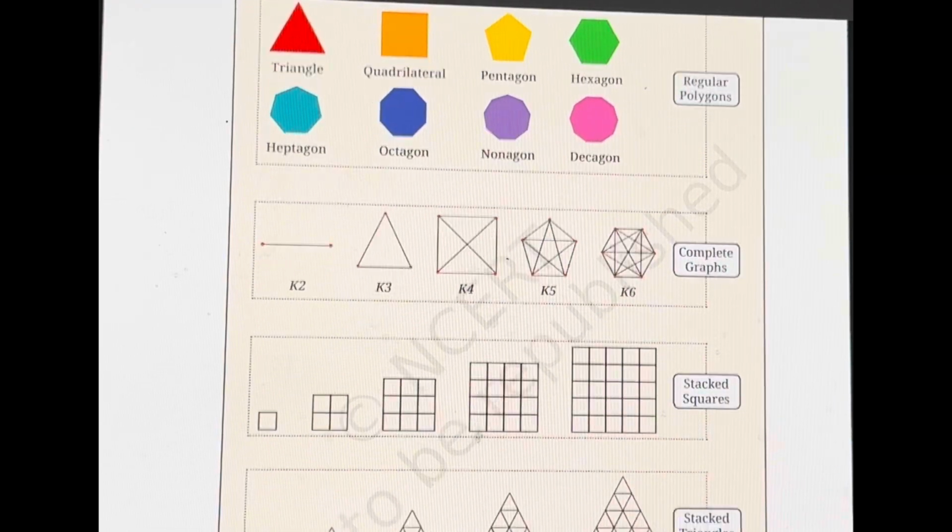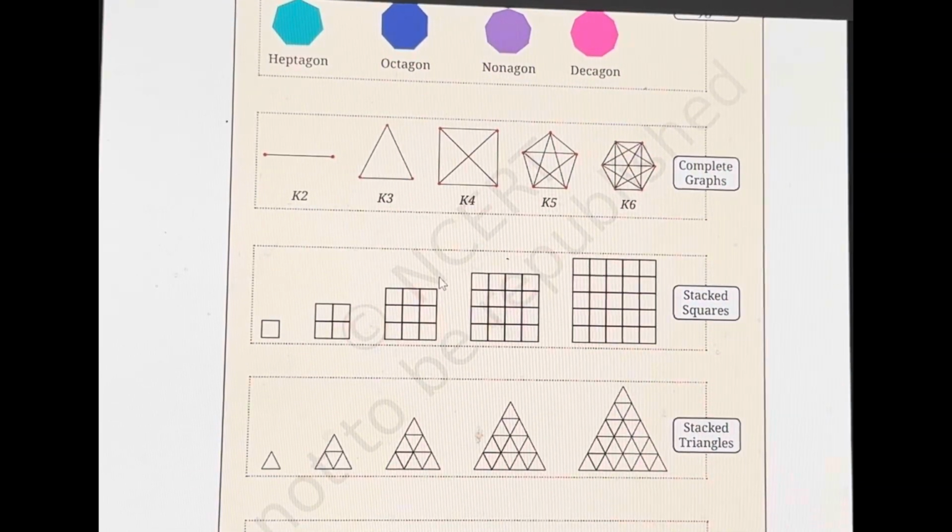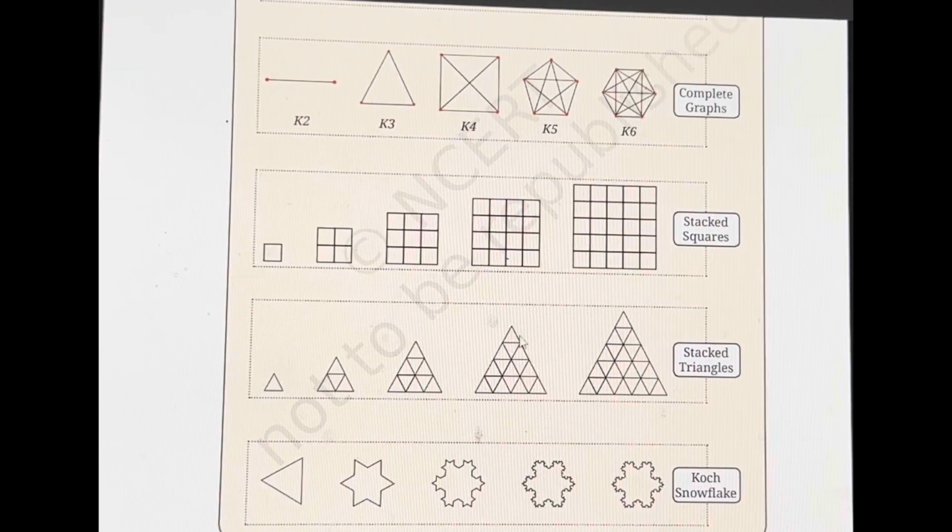Now the third one you will observe is of stacked squares. So this is 1 square, these are 4 squares, like that 9 squares, 16 squares. So the squares are stacked above one another. Okay. Then next is stacked triangles. So 1, then here there are 4 triangles. We are talking about only the small triangles.